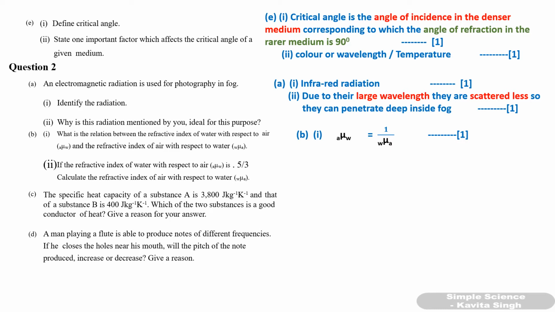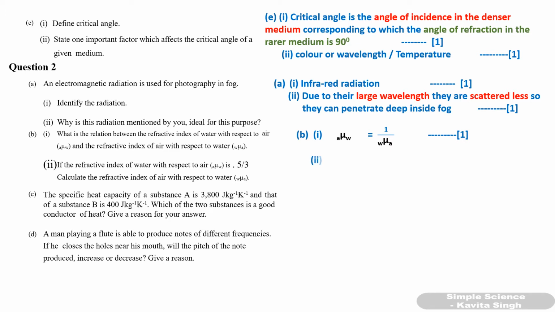Now second part of the question is, if the refractive index of water with respect to air is 5 by 3, calculate the refractive index of air with respect to water. You can directly say the answer is 3 by 5, because they are inversely related.